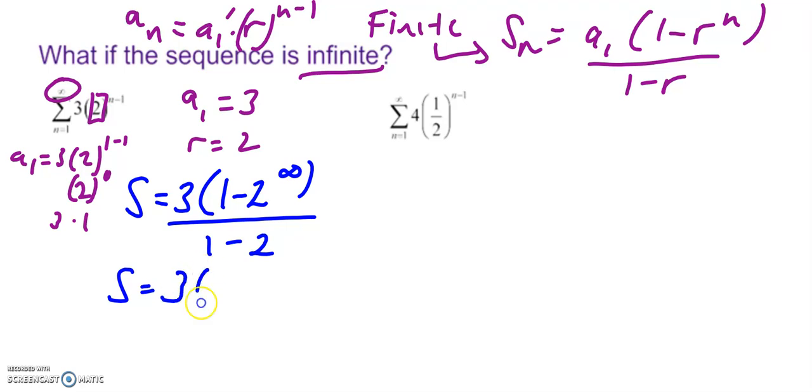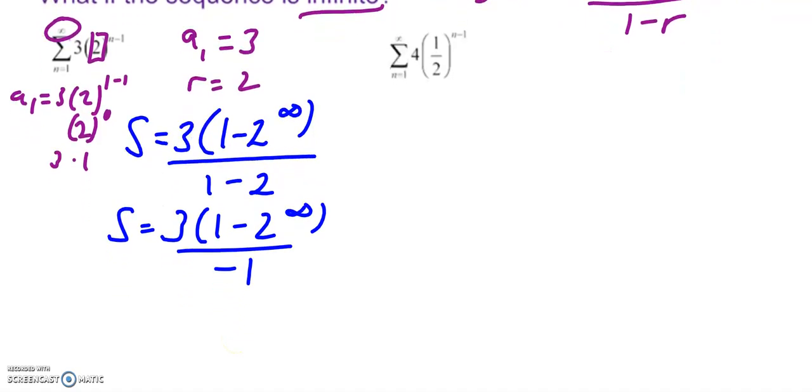And so this sum is a little odd because if we take 2 to the infinity power, even if we're subtracting it, this entire top is going to be some kind of infinity. And if I take an infinity divided by negative 1, it may be a negative infinity or positive, but nonetheless, we are not summing to a specific number.